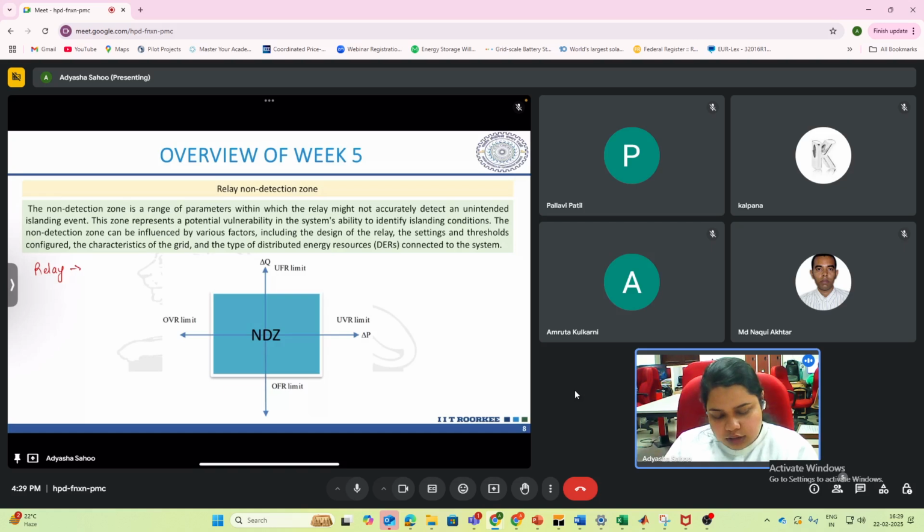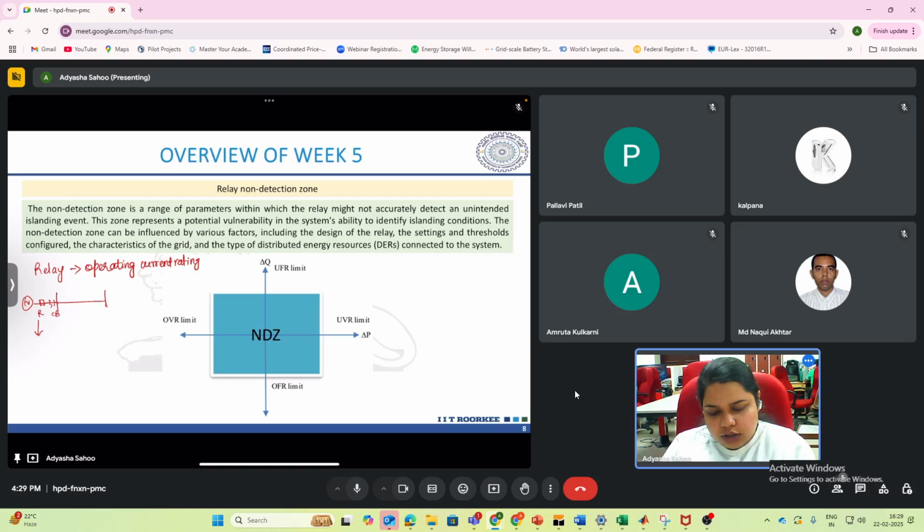So basically, this relay has an operating current rating. So let's say this is your main grid. So you have, let's say, a relay here, and then followed by that you will have the circuit breaker.